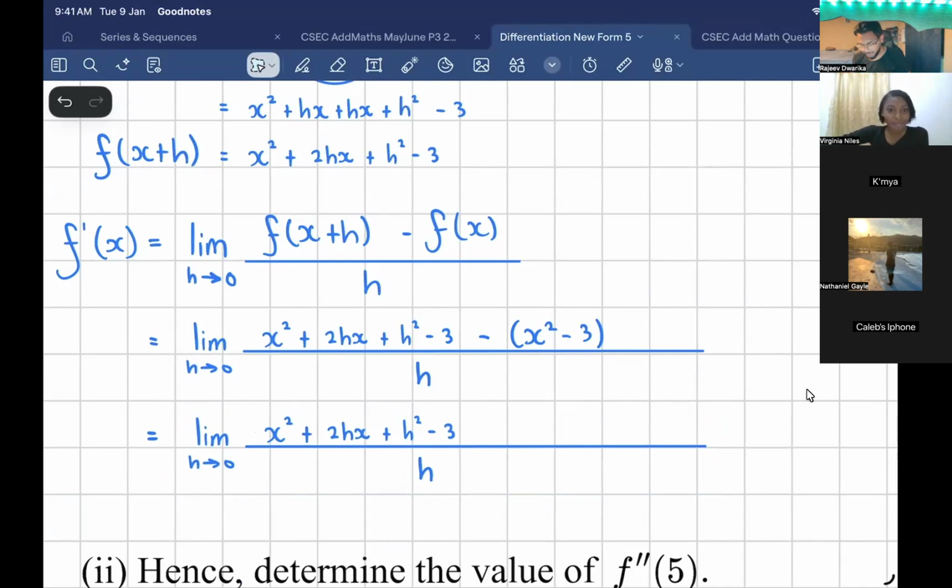Why do I feel like this is not my book? Oh no, this is my book. When I learned this, I wrote on it.